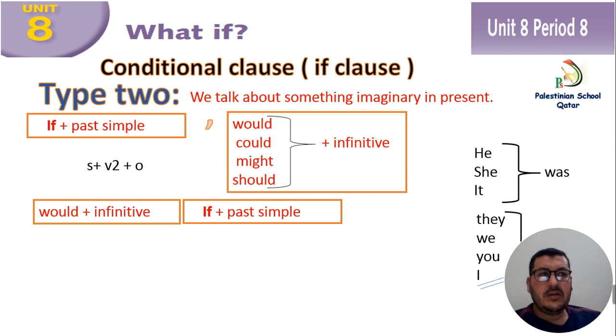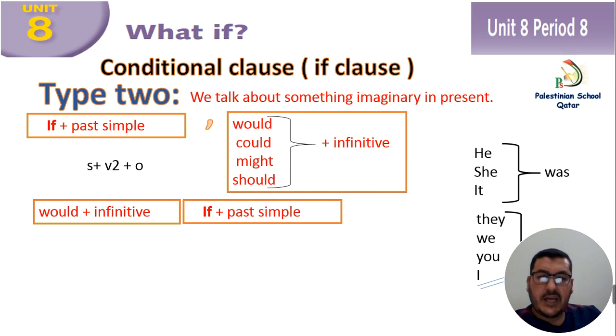For example, I say, if I were a doctor, if I stayed at home, not go anywhere. So everything I imagine, even when I am at home or any place, is unreal. Because it's unreal, I put the sentence in the past.